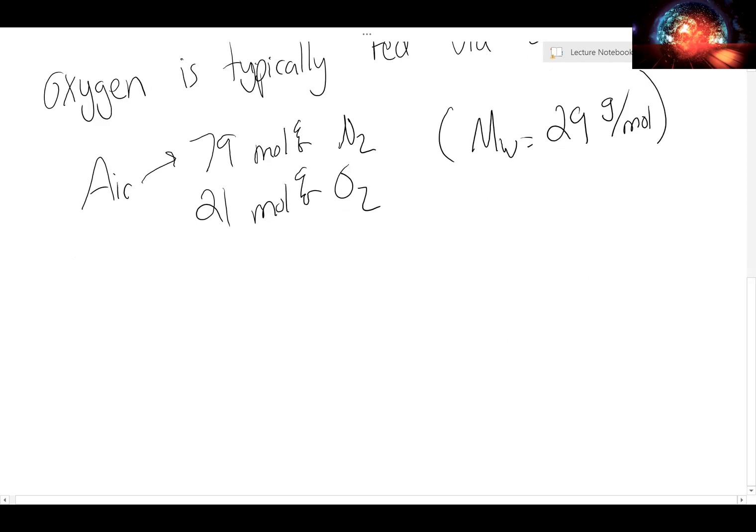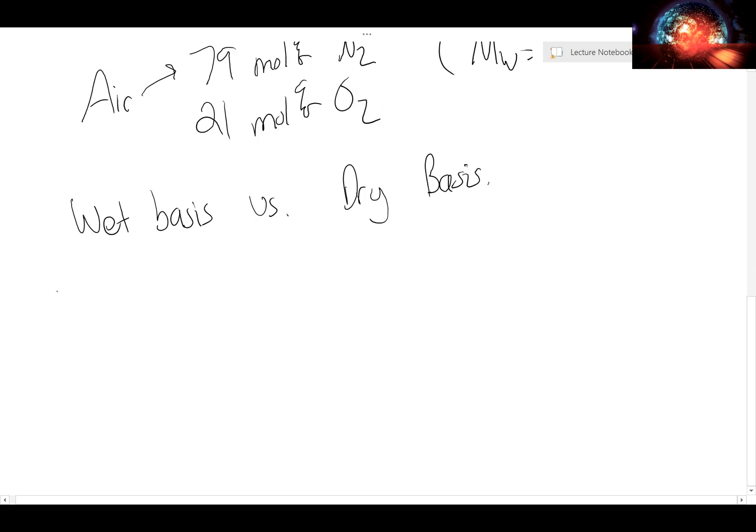We also talked about a wet basis versus dry basis, where let's say if we have 100 moles of air, or should I say of wet air, that's 8% water.